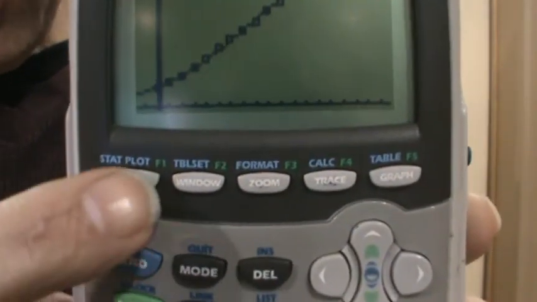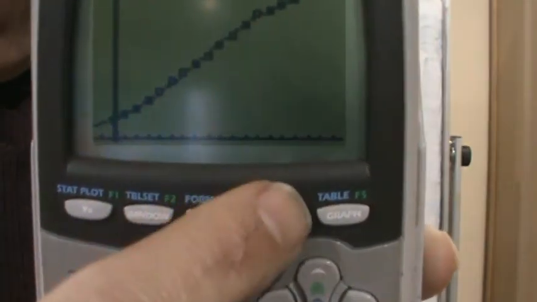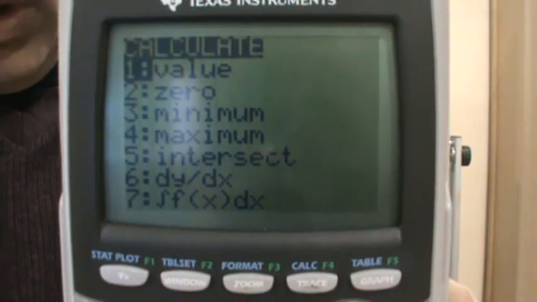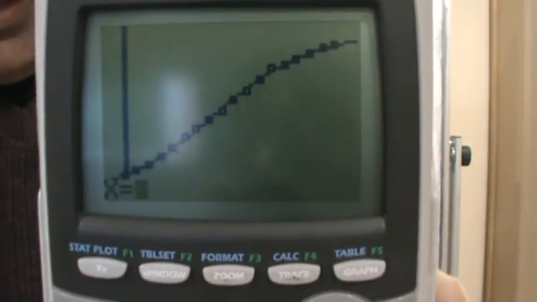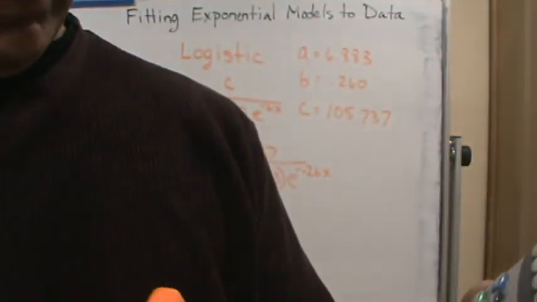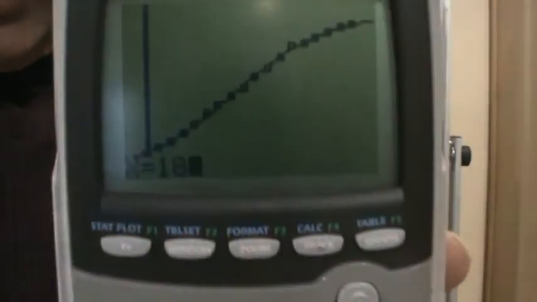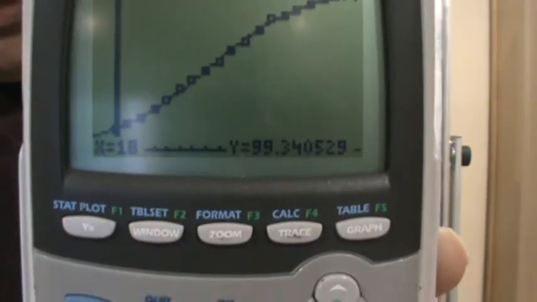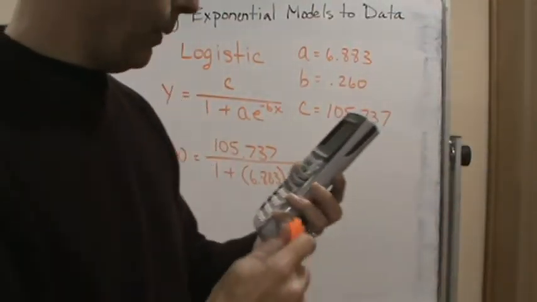Now I'm going to do second calc, and I'm going to choose value because I want to find a y value. And now I'm going to put in 18 for 2013. So again, remember what x means. And so what percentage?